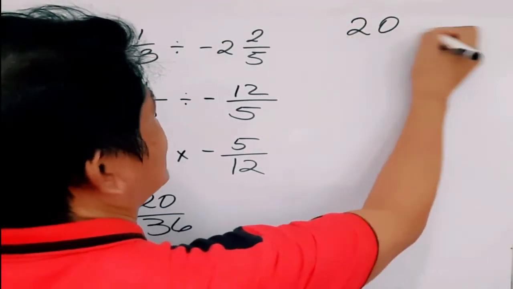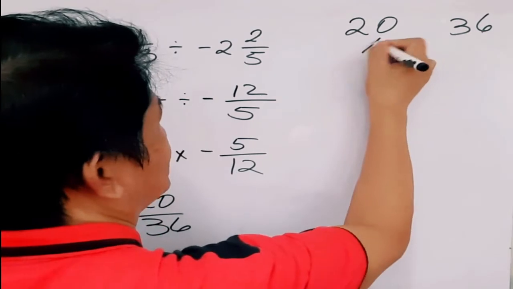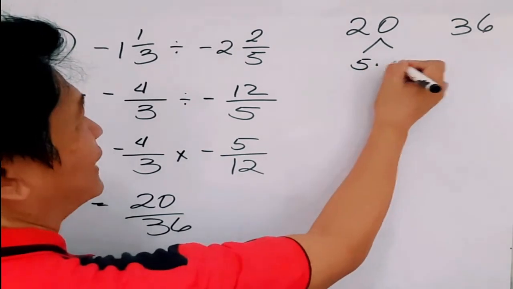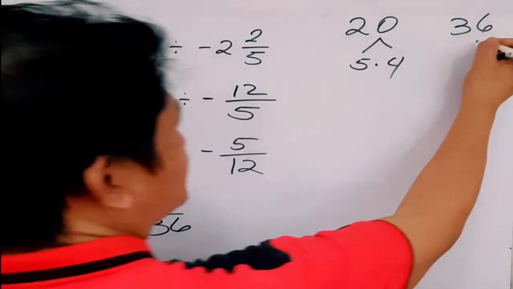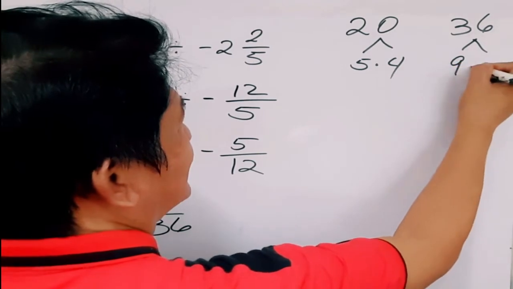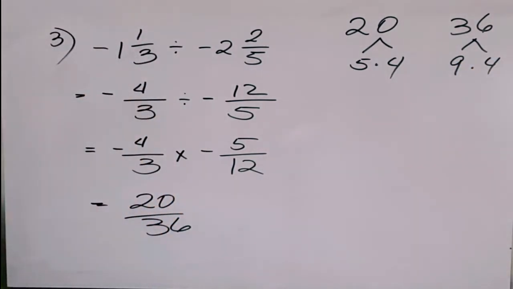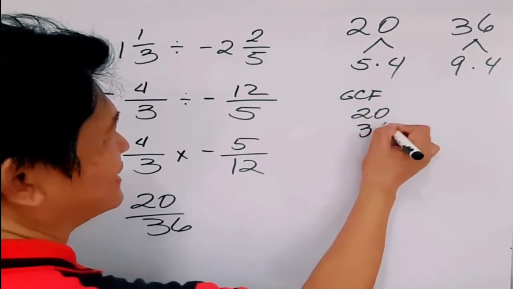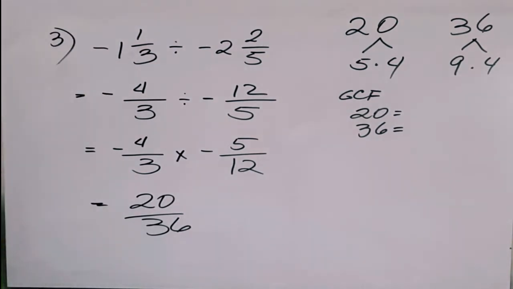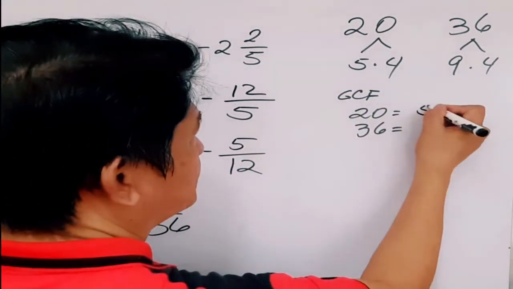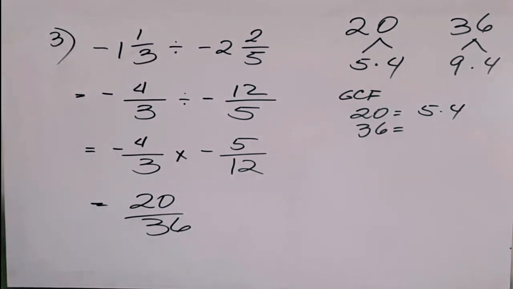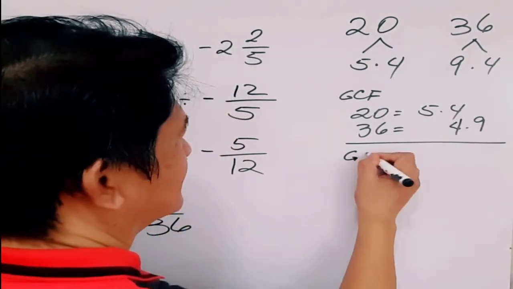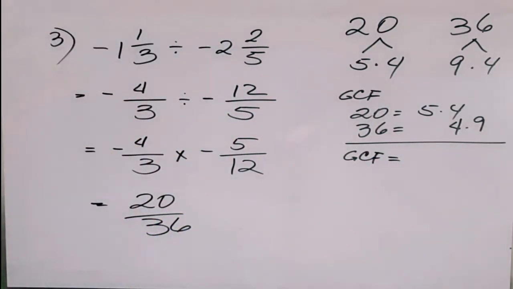So the factors of 20 are 5 times 4. And factors of 36 are 9 times 4. Okay? So the GCF of 20 and 36, the GCF is the common factor.